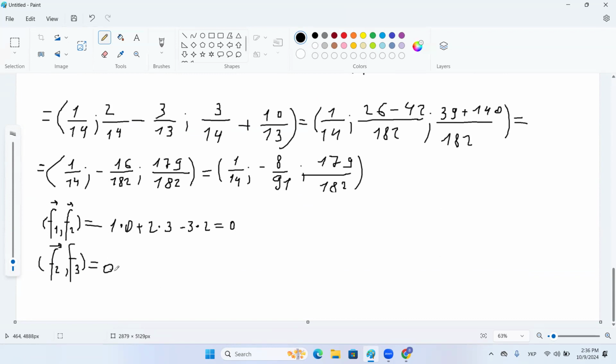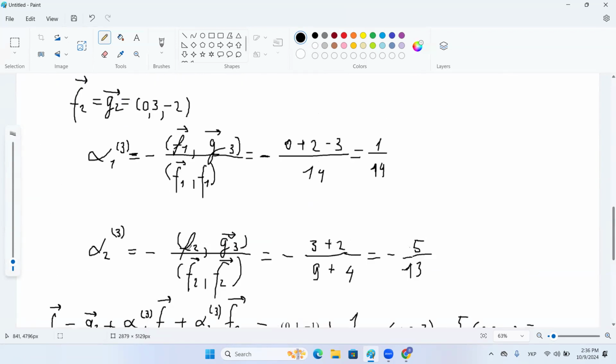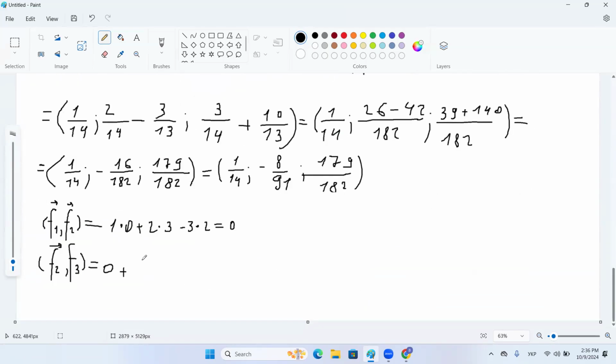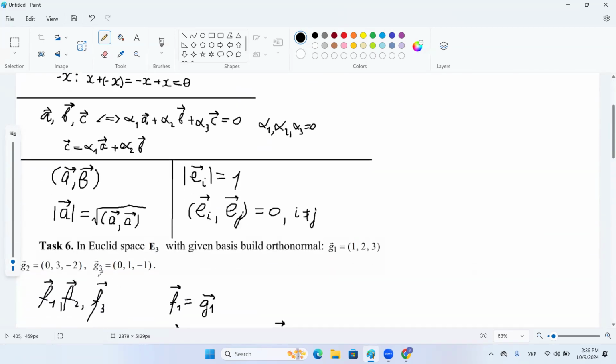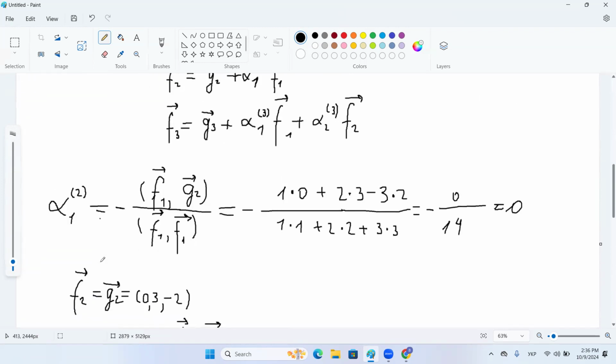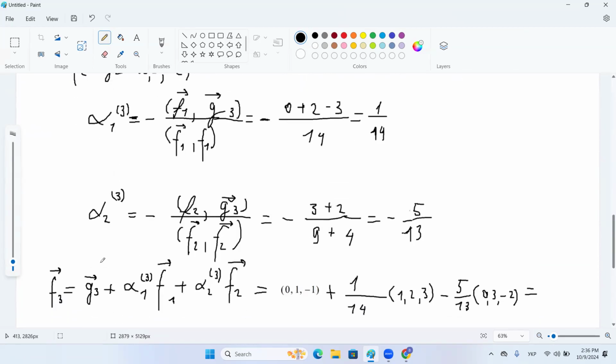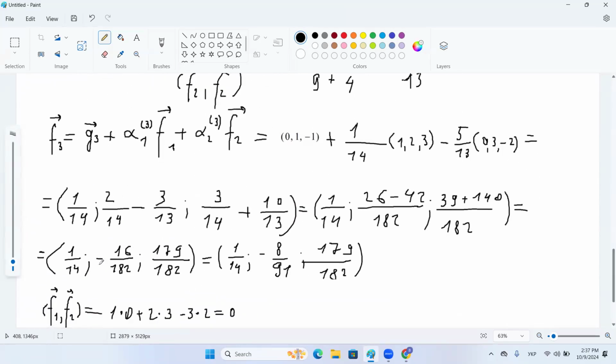So 0 plus, so 3 by 8, minus 24 divided by 91, and I forgot to add these numbers.